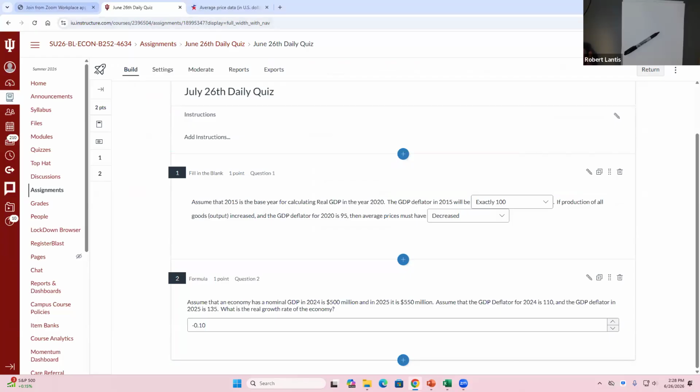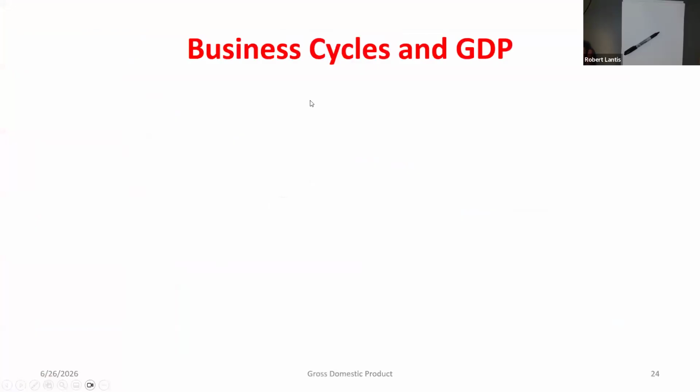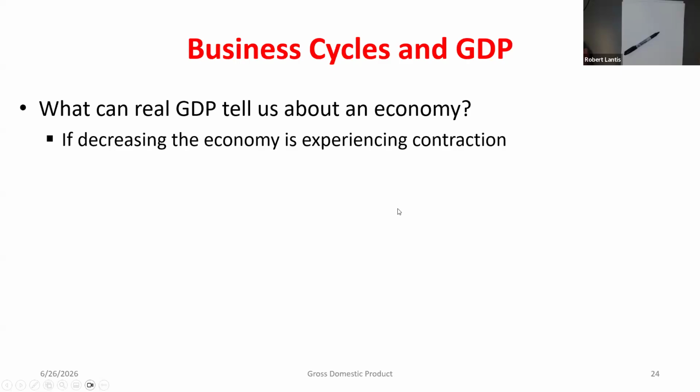All right, so the next thing that we'll do is think about looking at these growth rates. What do they tell us? If we have negative growth, like the example we just had, what that means is when we're using real GDP, we've already controlled for prices.